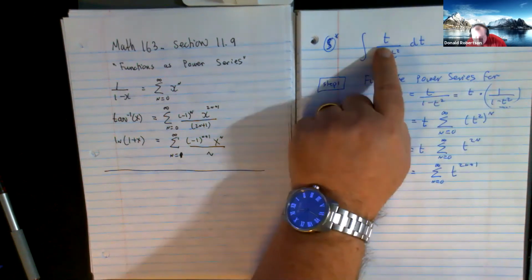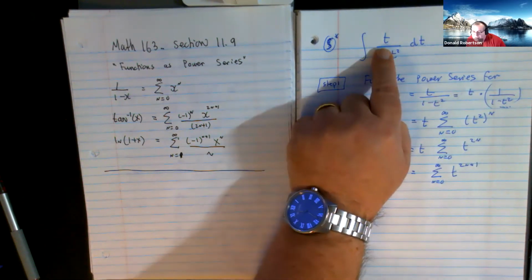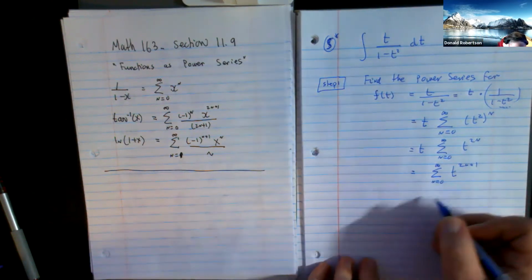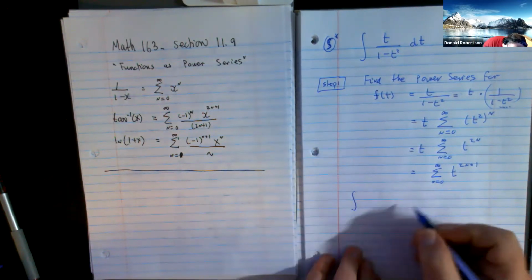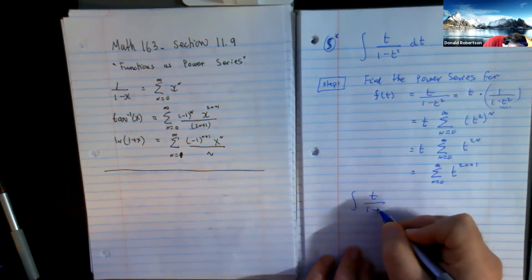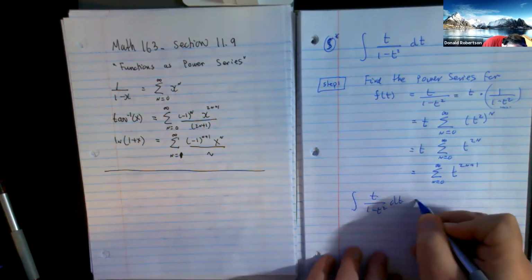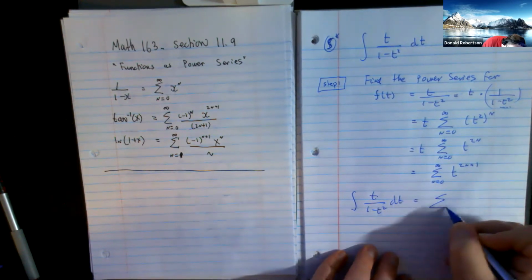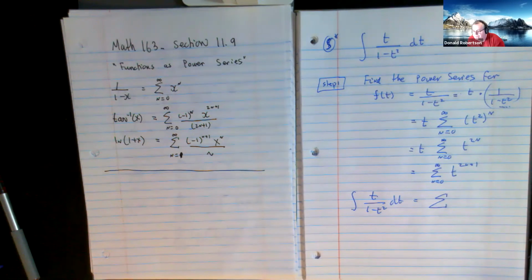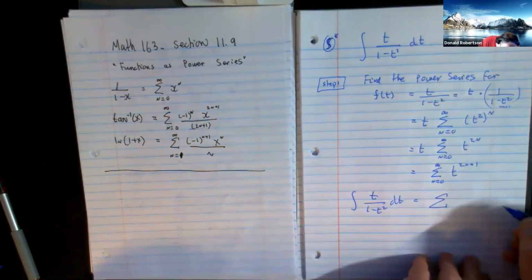Now the question is asking us to find the power series of its integral. Right? So I'm basically just going to integrate this fella, right? So it's going to be, do you keep the 0 when you integrate? You do, correct.